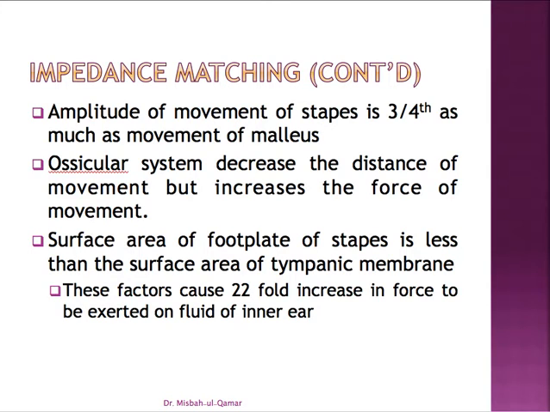That's the summary of the mechanism of impedance matching.